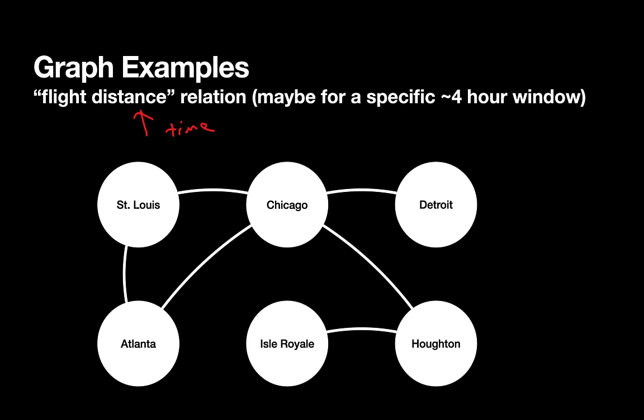So I'm not keeping track of all possible flights over all time. I'm not looking at all possible cities. I'm just looking at a specific set of cities and some small set of flights, again, perhaps in a 4-hour window of time. I'm looking at several different cities here: St. Louis, Chicago, Detroit, Atlanta, Houghton, and Isle Royale, which is an island in Lake Superior. The connections here indicate if there happens to be a flight from one place to another.